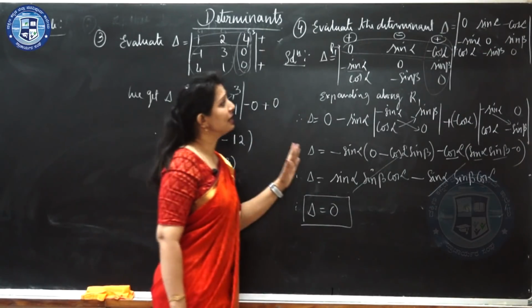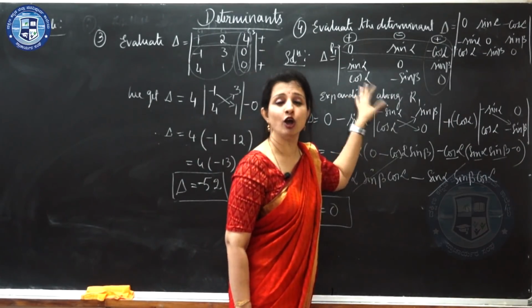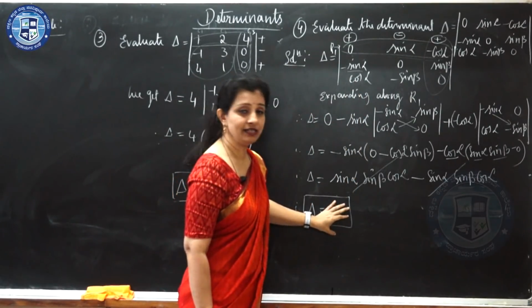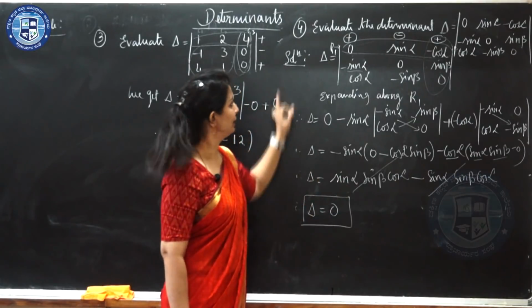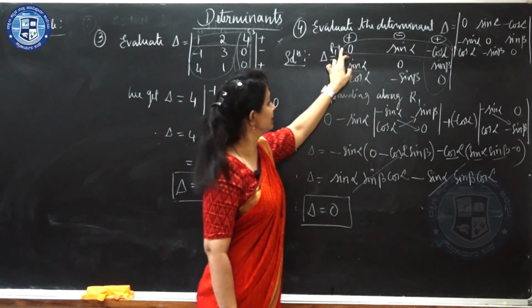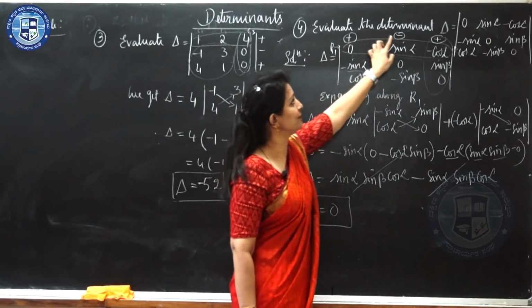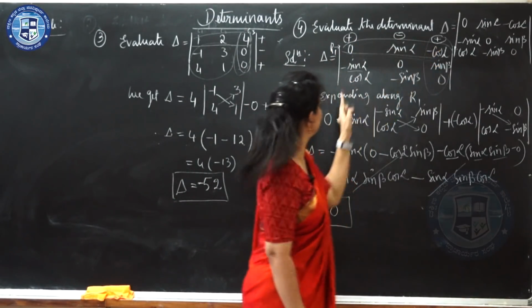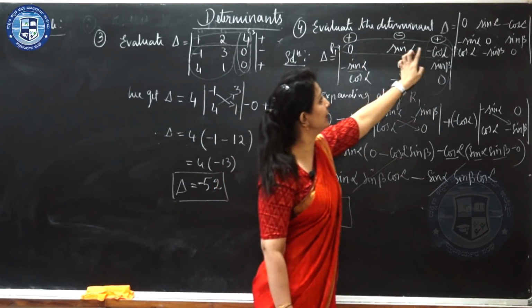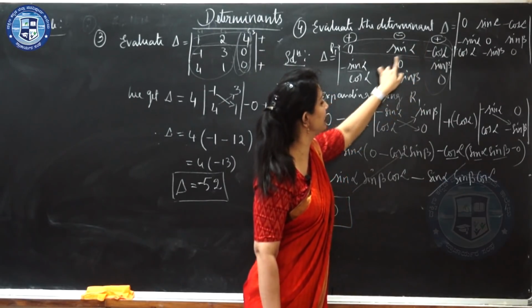So we can expand the determinant along any row or any column, and the final answer we will get is the same. Okay, so here we have expanded along the first row. First row elements are, first we write the position signs, plus minus plus. So plus is 0, then minus sin alpha. Delete the row and column where this sin alpha is.